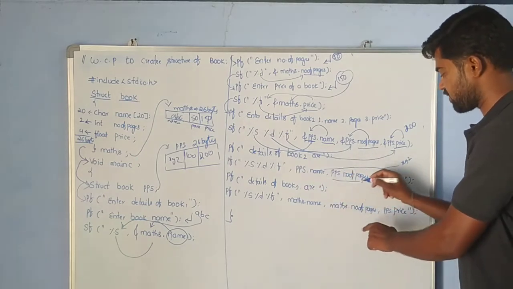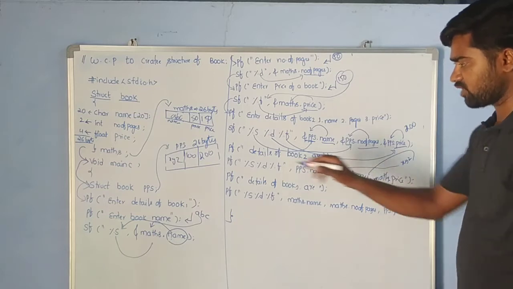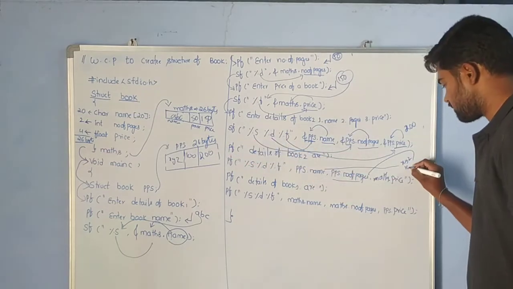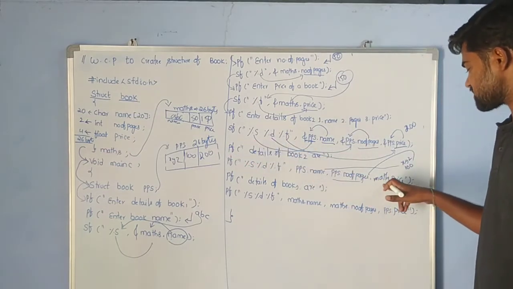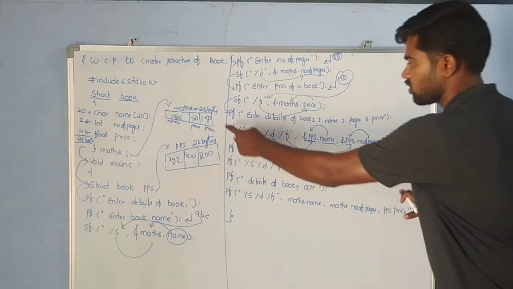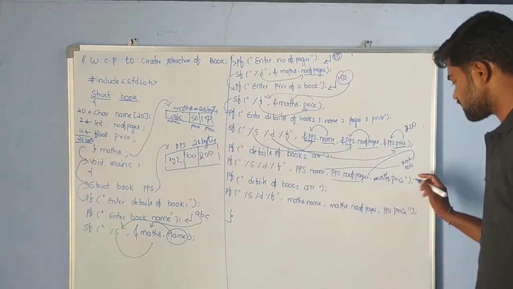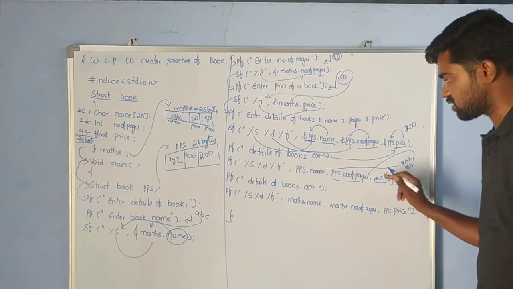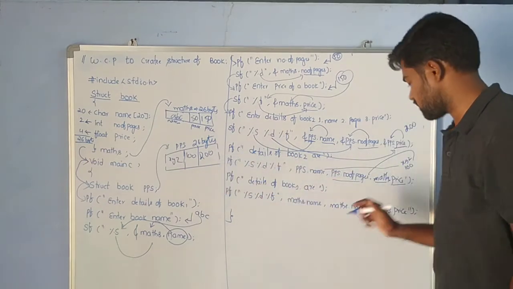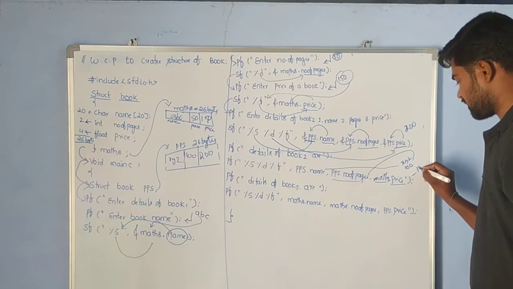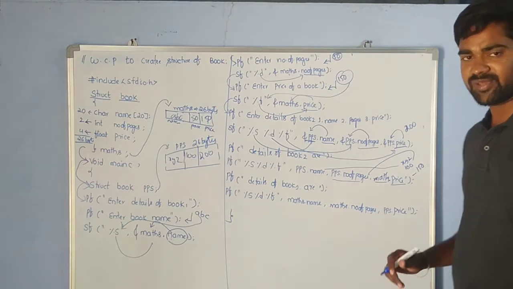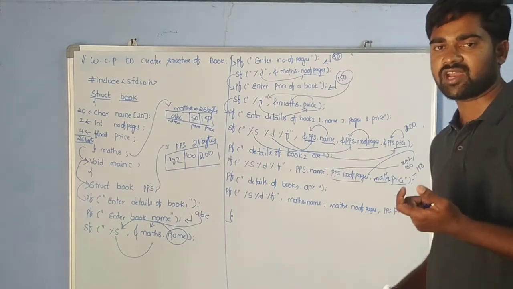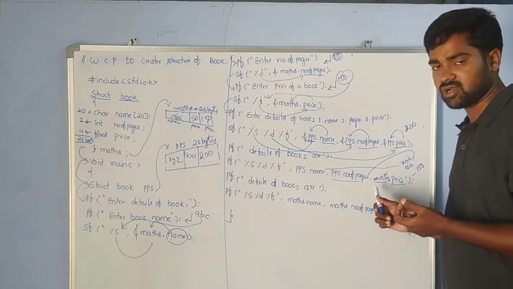Then the number of pages is going to print 100. Then mass dot price is equal to what here? 150, because the price is going to be printed of which variable? Of mass, but not PPS. So it is going to be printed as 150 but not 200, because we gave the name of the variable as mass but not PPS.